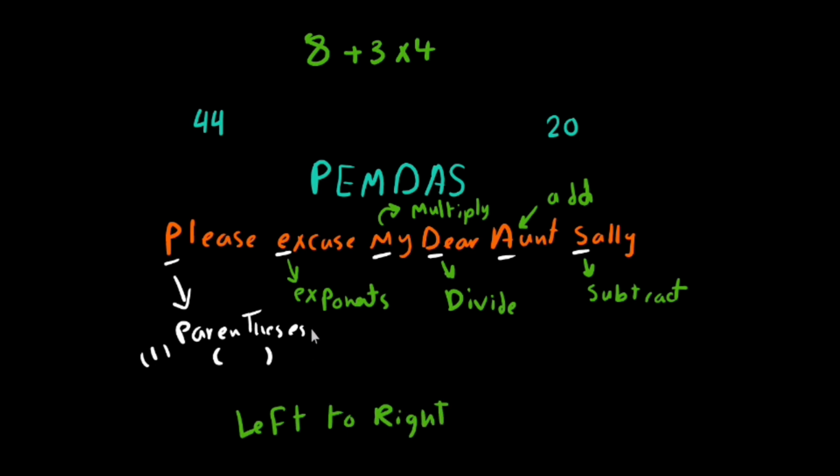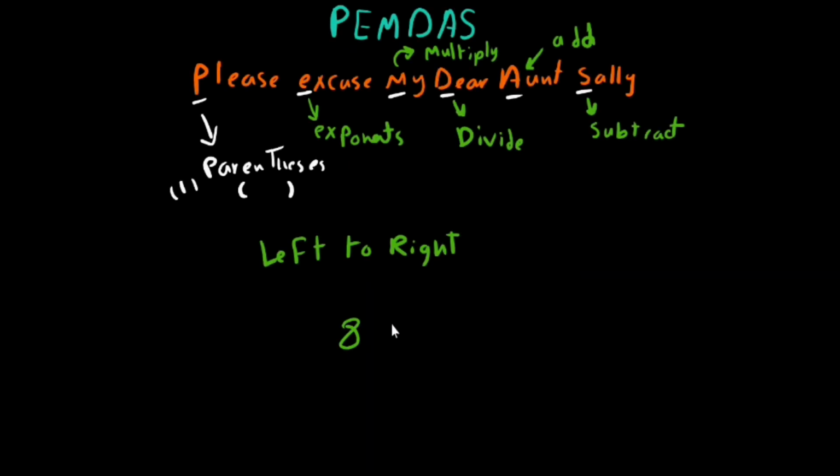So let's go back to my example, 8 plus 3 times 4. I will start as the order tells me. Please Excuse My Dear Aunt Sally. P for parentheses: I have no parentheses in my problem, so I go to the second.